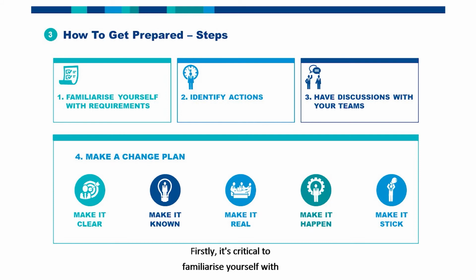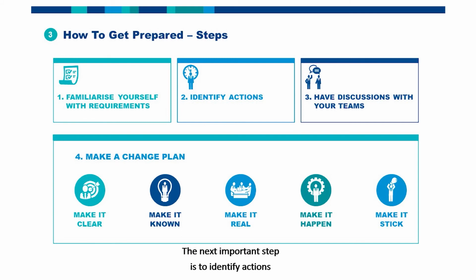Firstly, it's critical to familiarise yourself with the QI program requirements as detailed in the QI program manual. Read and engage with the full range of guidance materials and understand exactly what the changes are and what your responsibilities are to action change.